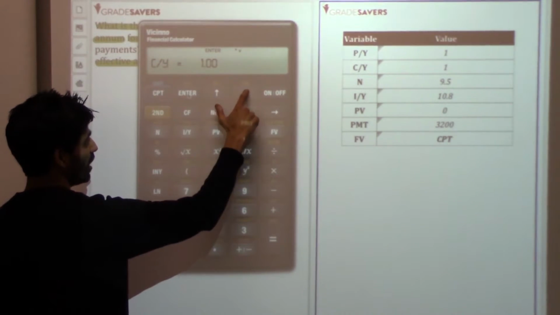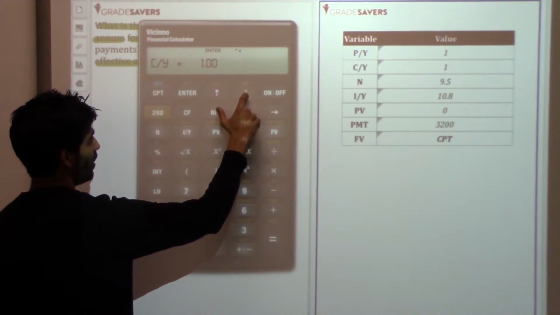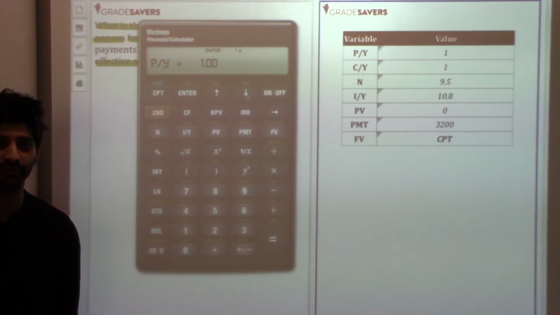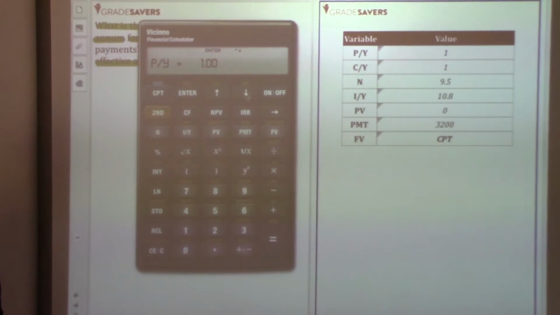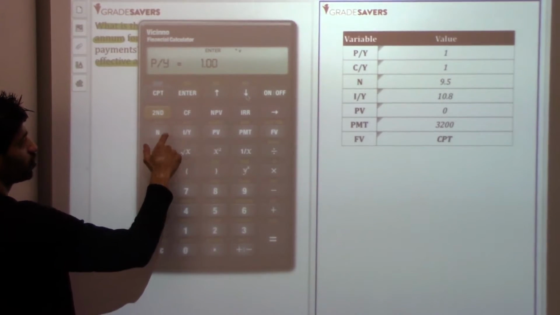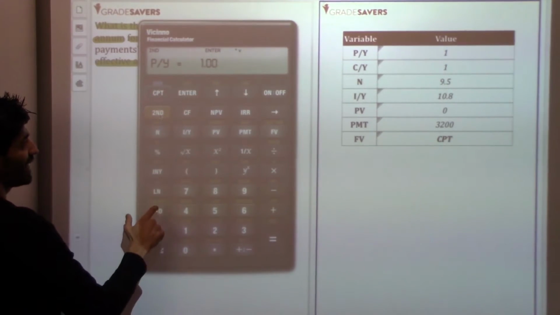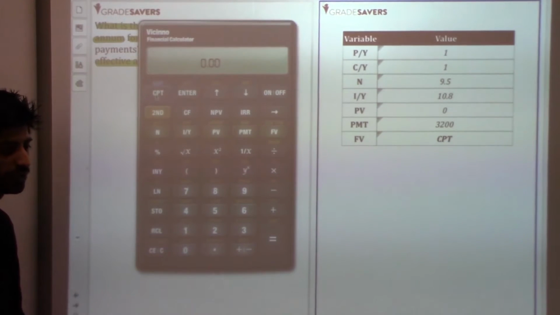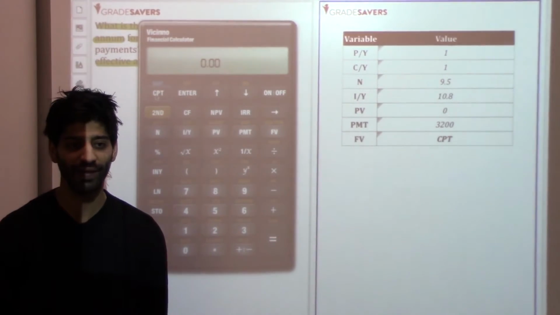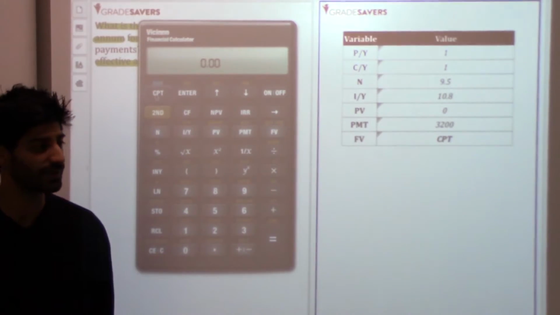So now if I press the up and the down arrows, I will notice how PY and CY are both set to 1. Once we've entered something for PY and CY, how do we exit this worksheet? We simply press second, followed by Compute. Notice how on top of Compute it says Quit, and that's how we exit worksheets.